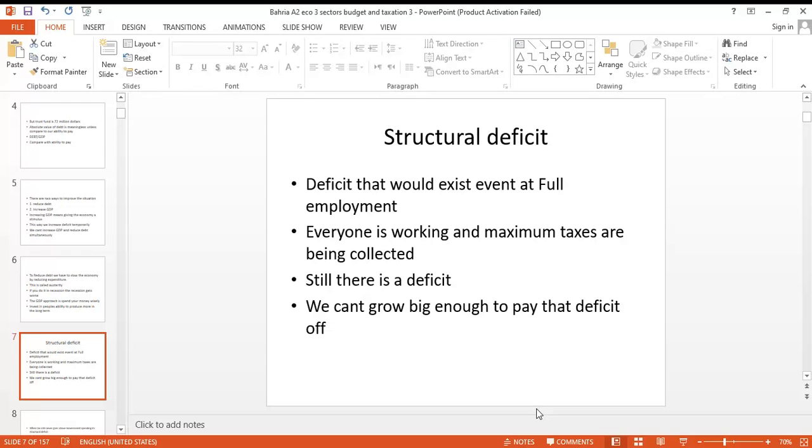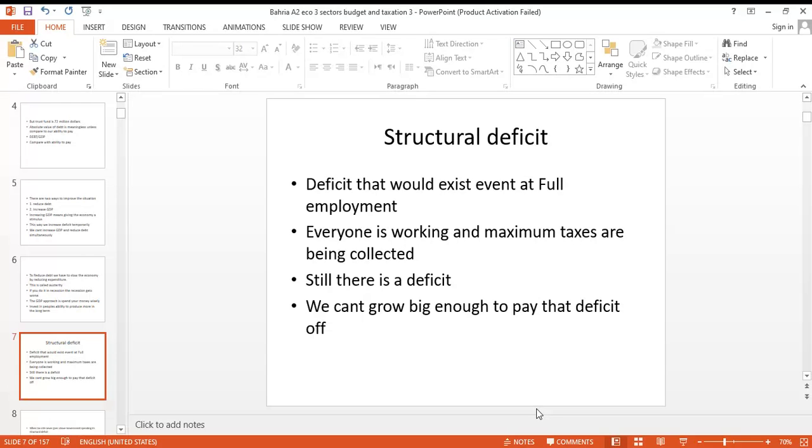Okay, now there is some deficit that may exist irrespective of government policy. That is called structural deficit. What is the structural deficit? It's the difference between government revenue and expenditure that will exist even if the economy is fully employed. Everyone is working, and the maximum taxes that could be collected are being collected from the people. This is not austerity. In austerity, the taxes are being collected at a high rate from the people in order to pay off the debt.